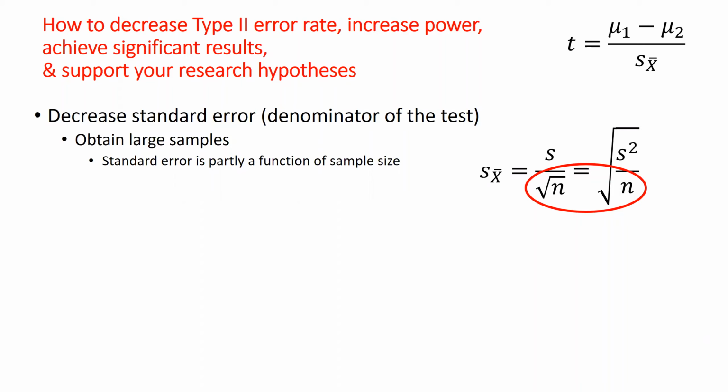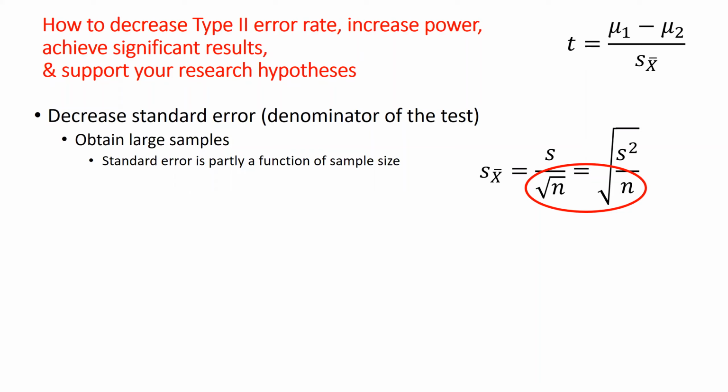So if you decrease that standard error term in the denominator, then whatever your difference between the means is will outweigh the standard error term to a greater extent, and your t will be larger. So you want to decrease that denominator term.